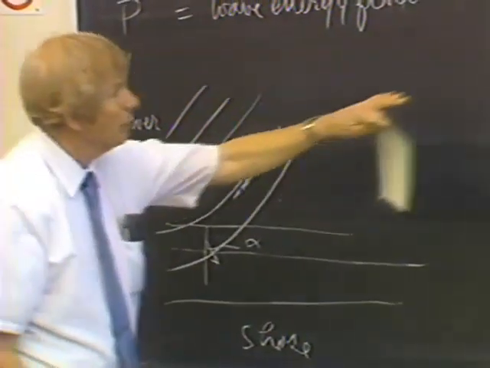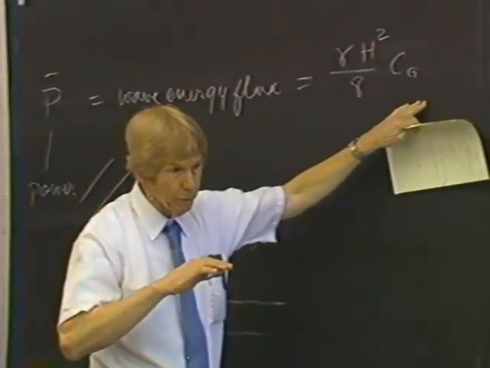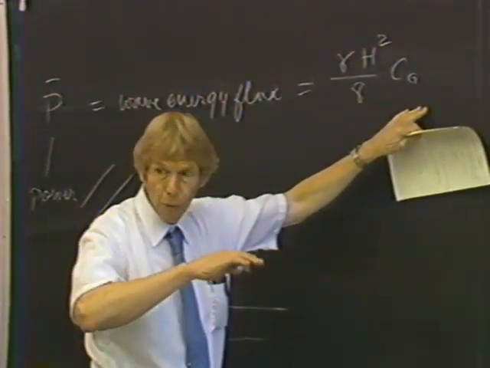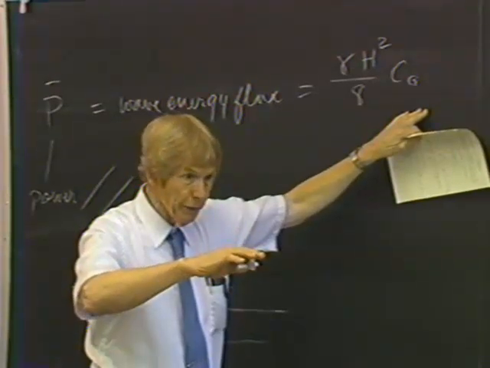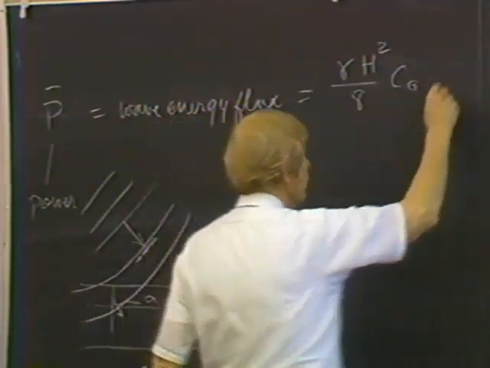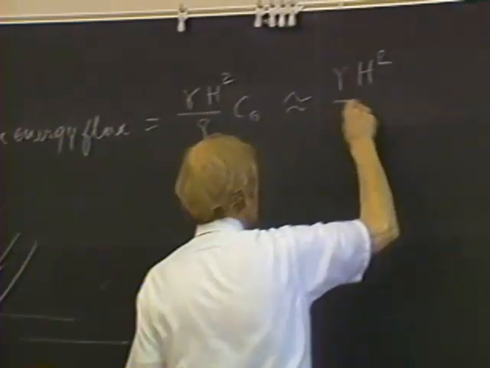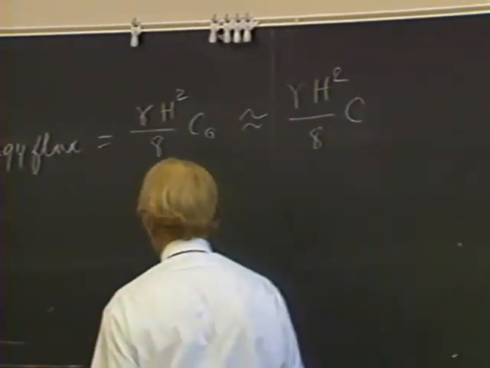And remember that we said that the group velocity of a collection of waves approaches the celerity of the individual waves as it comes on the shallow water. So this is very closely equal to gamma H squared over 8 times the celerity on shore.